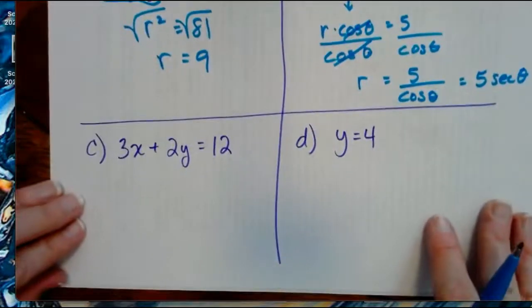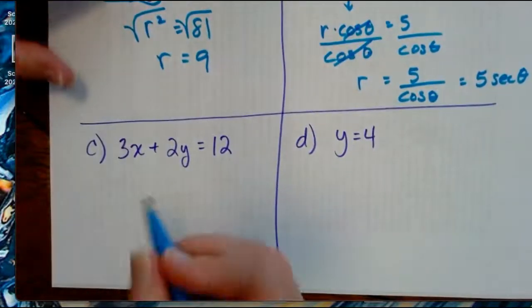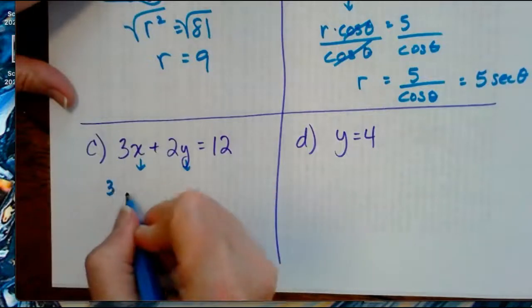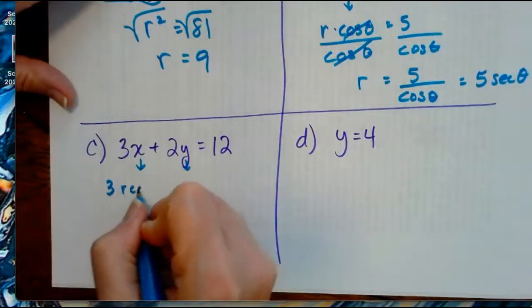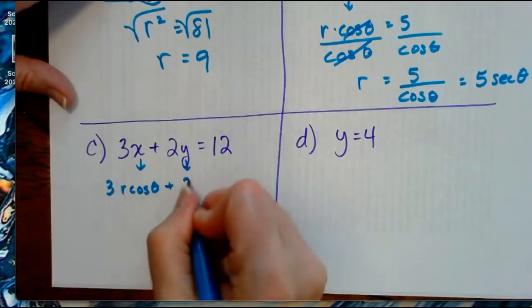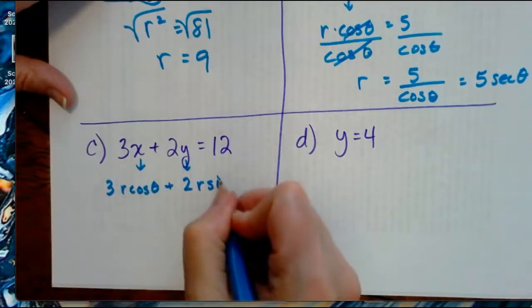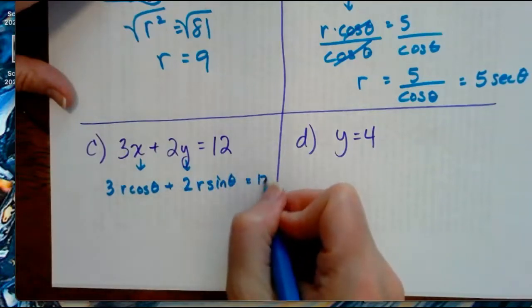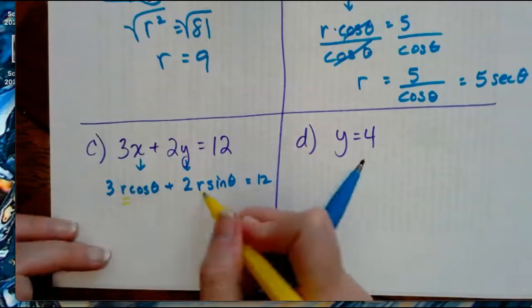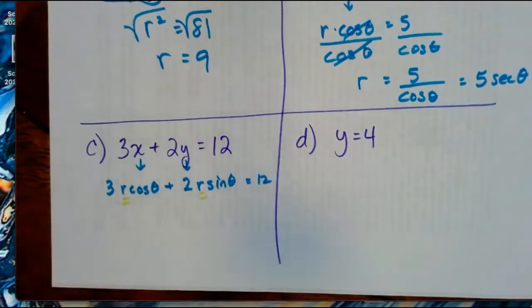All we're doing is making substitutions here. Let's make a quick substitution for x and y. 3 times x, x is r cosine theta, plus 2 times y, y is r sine theta, equals 12. From here, remember the goal is to solve for r. R on the left-hand side of the equation is the greatest common factor.